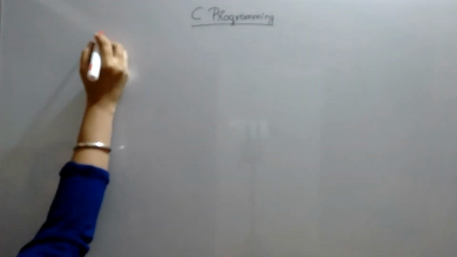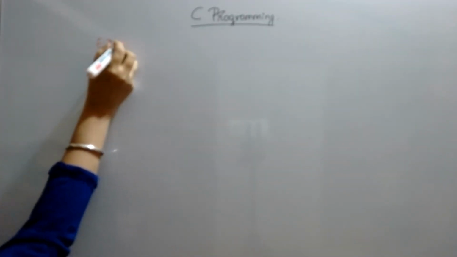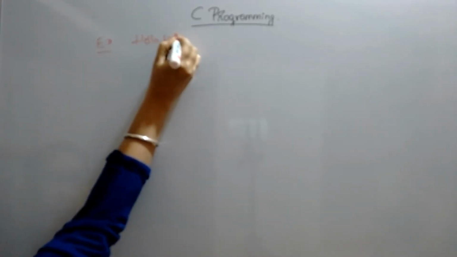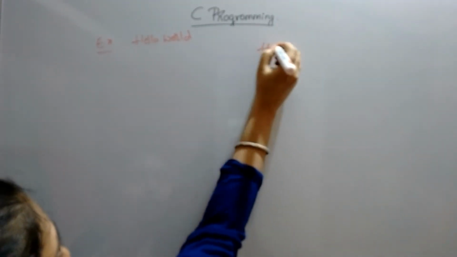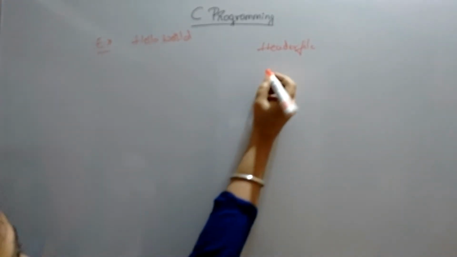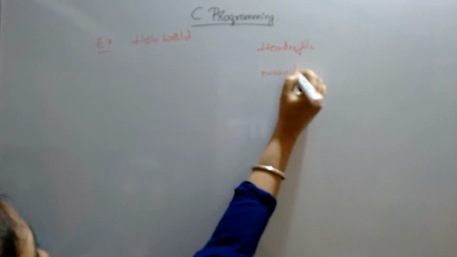Now I am going to write a simple C program to print hello world. Before writing a program, first what we have to include is the header file. After writing the header file, we have to write the main function.